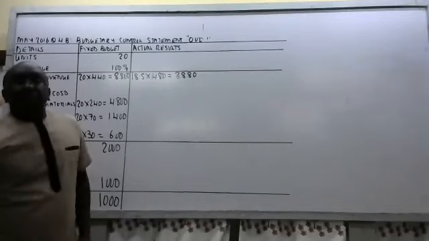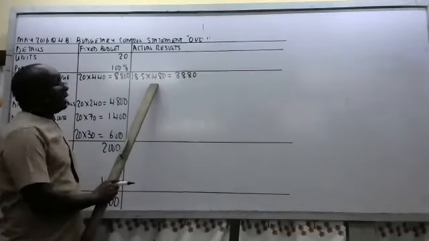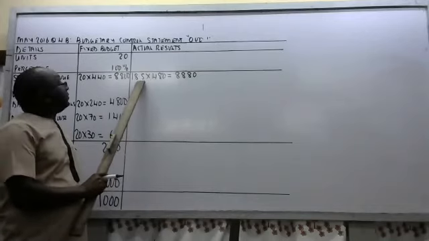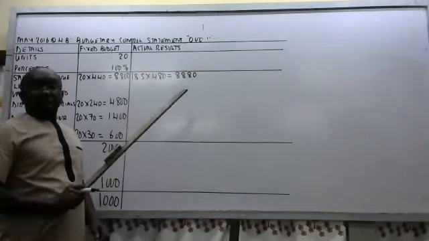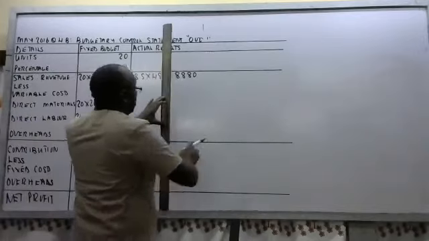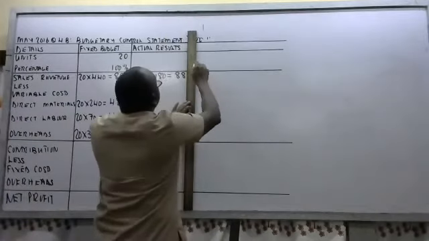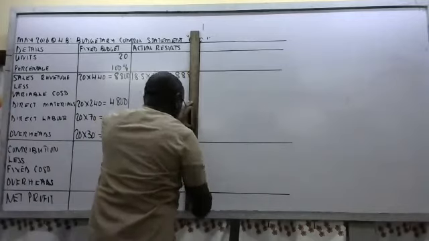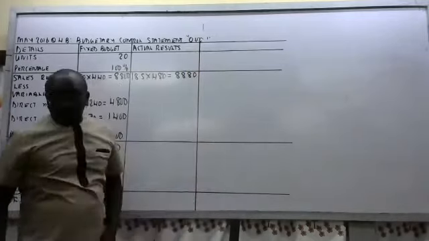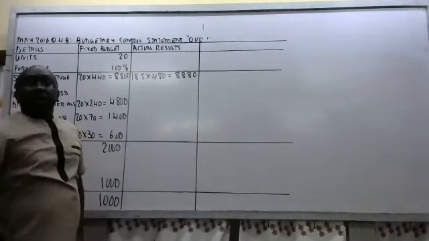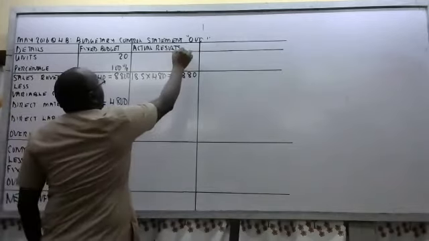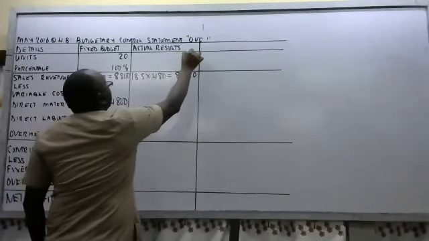This one appears not very visible. So I'm saying it is 18.5 times 480. Those units that were sold, you multiply by the selling price. So hapa kwa units utakuja uweke 18.5.